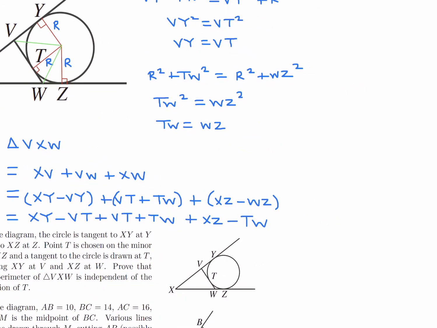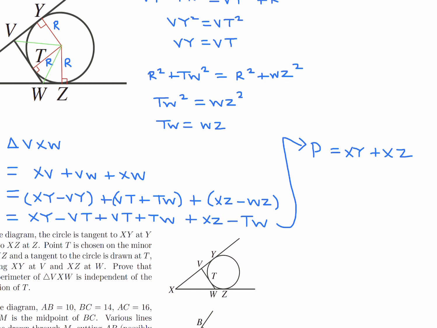Now I hope you can see that a lot has canceled. These two are gone, and this TW cancels with this. So the only thing you're left with for the perimeter is XY plus XZ, right? That's the only thing that's left.